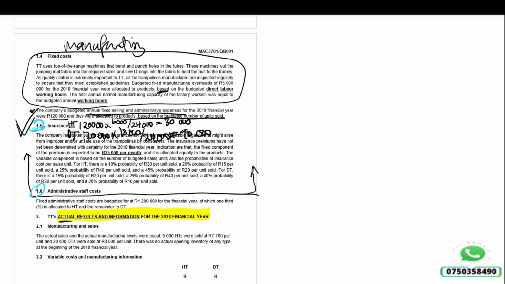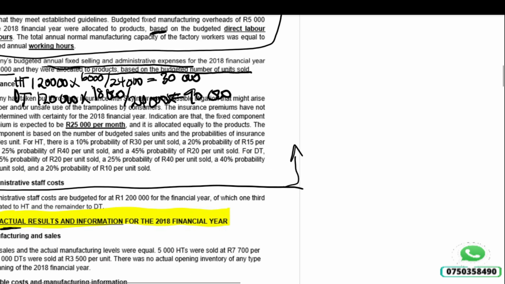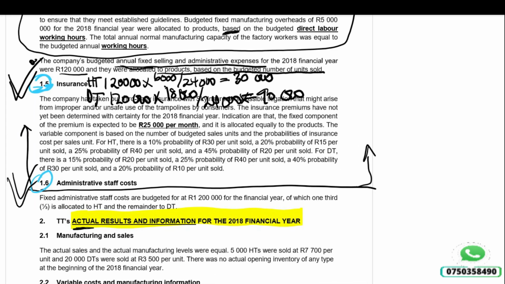Let's look at note number 1.6. What did they say on note number 1.6? So 1.6 is very straightforward. They said fixed administrative costs are budgeted at 1,200,000 for each year, of which 1/3 is allocated to HT and the remainder to DT.